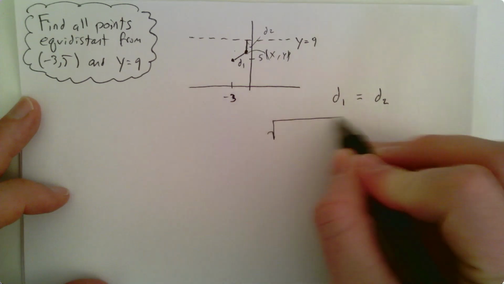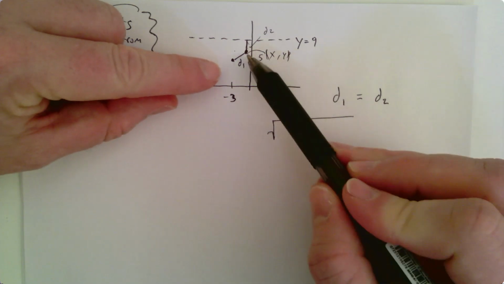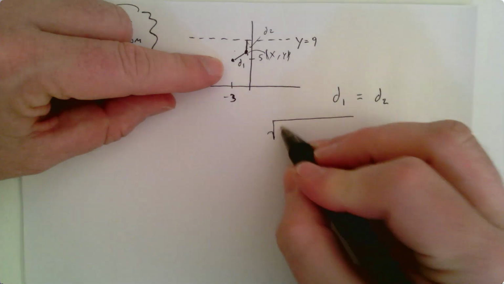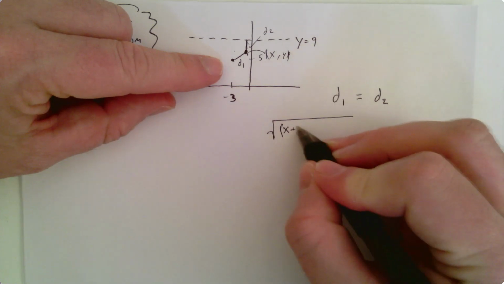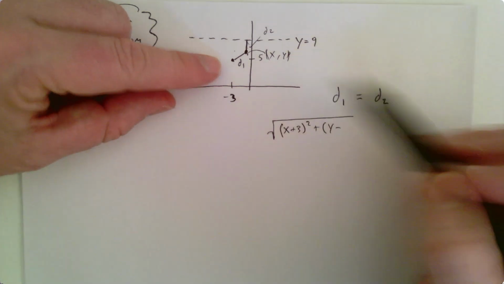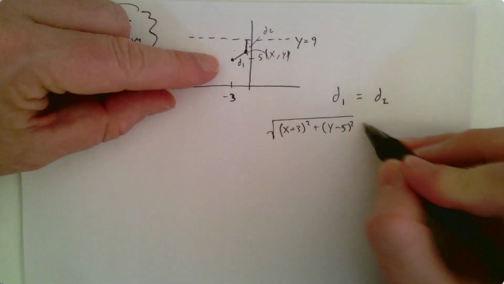It's going to be the difference between the x coordinates for our generic point xy and for this point at -3, 5. So I'll say x minus -3 is x plus 3. And then I'll have y minus 5. Both those are squared, and then I take the square root.